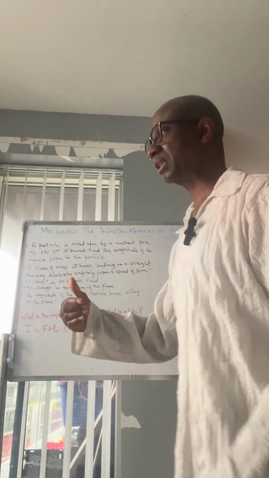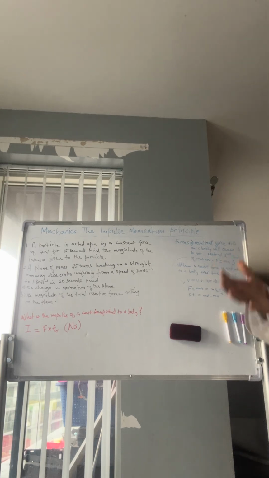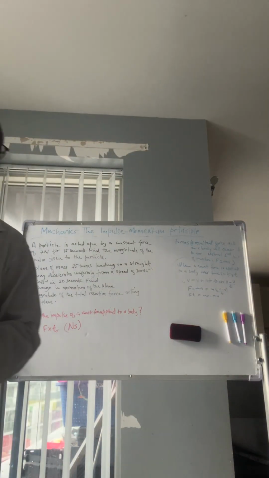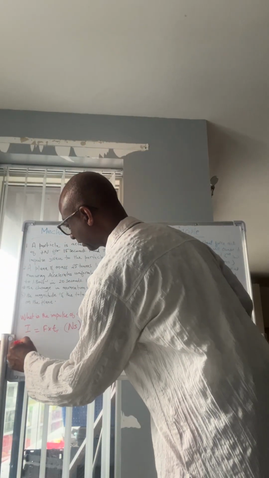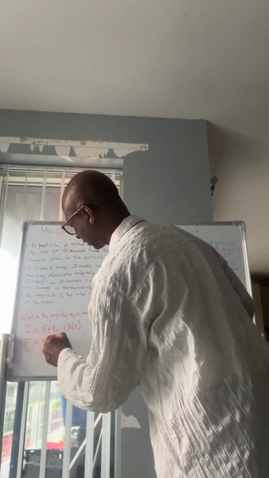When forces are applied to a body and cause that body to accelerate, that is Newton's second law. And what does it say? It says F is equal to mass times acceleration.